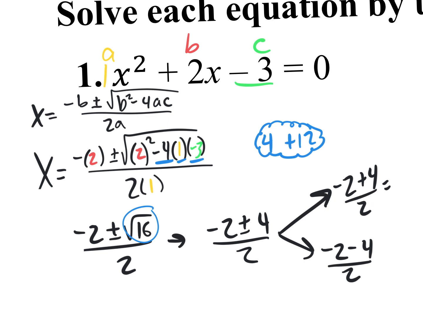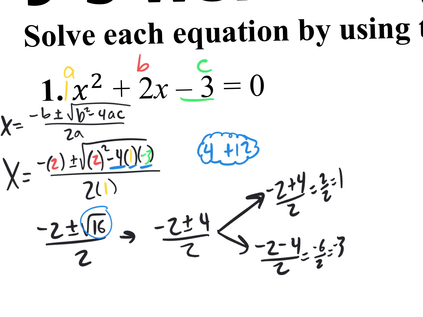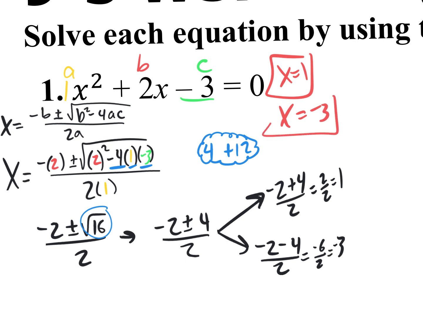So up on top, -2 plus 4, that's 2 over 2, which is equal to 1. -2 minus 4, that's -6 over 2, that's equal to -3. So your 2 answers for this problem are x equals 1 and x equals -3.